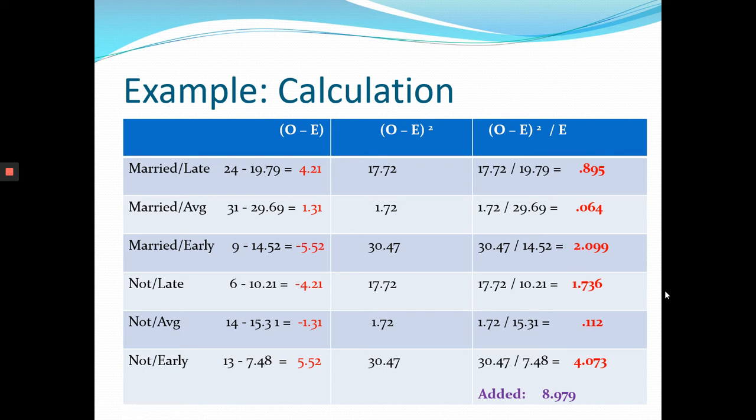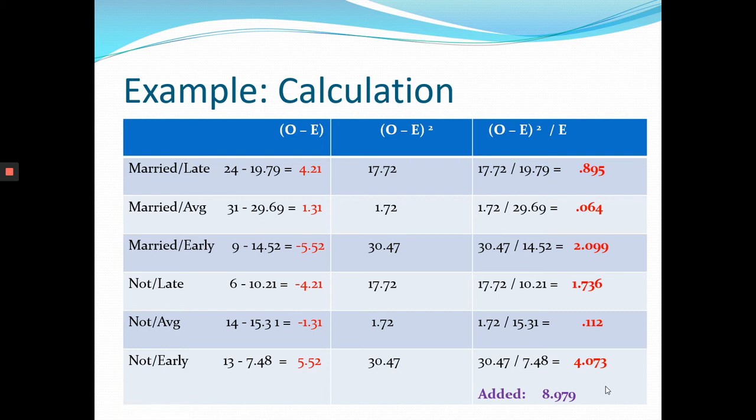And remember that our formula was the sum of O minus E squared over E. So the sum is adding up all of these things for the different cells. I've highlighted it in red. We have to add these together. If you add these together, we come up with 8.979, which is actually 8.98 if we round up.